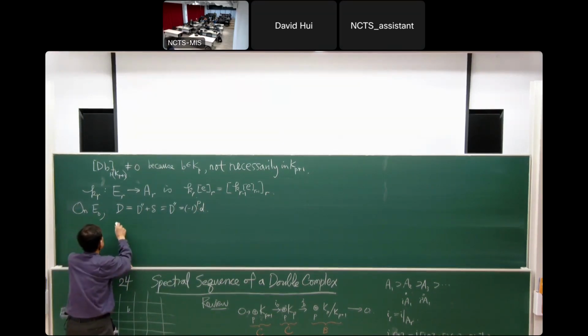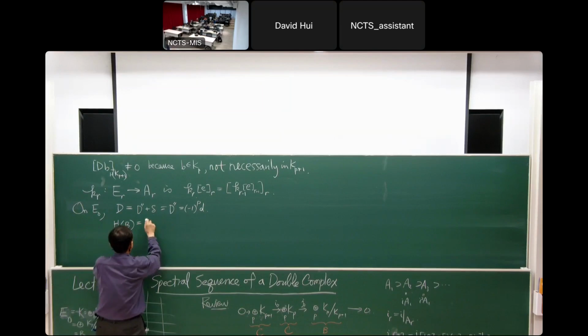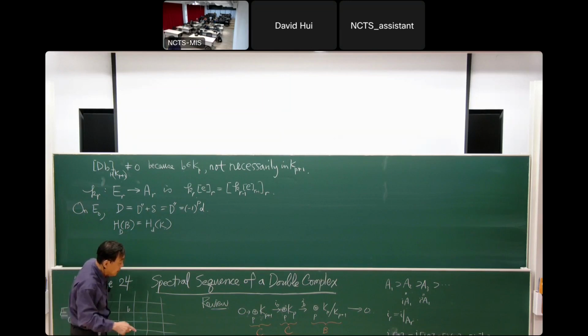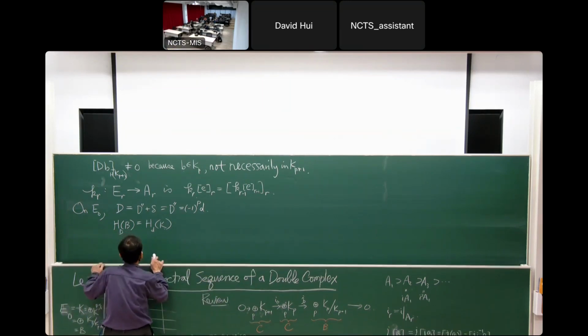And so H of B, with respect to big D, is actually the same as H of little d, and big B is the same as K. So that's E1.